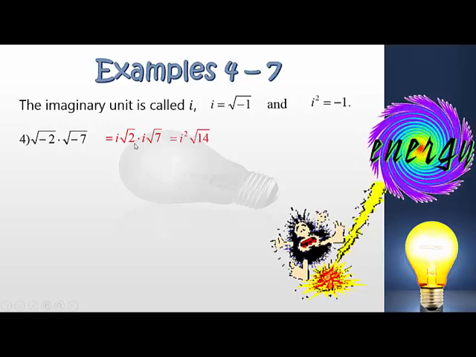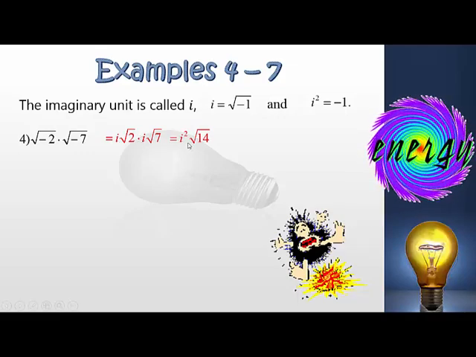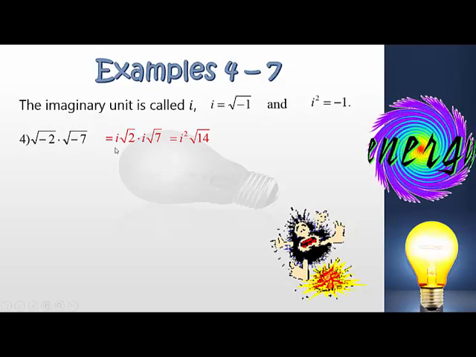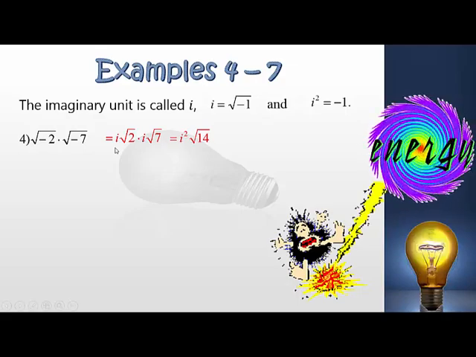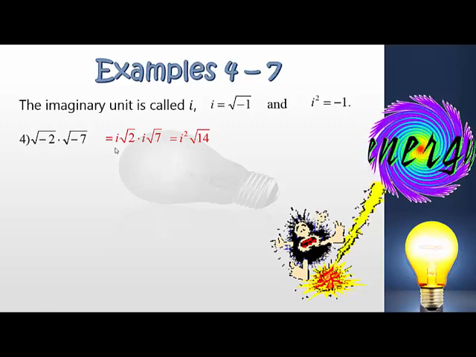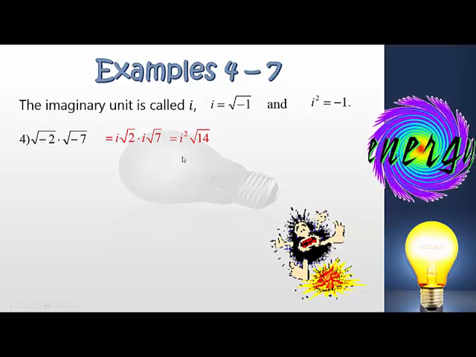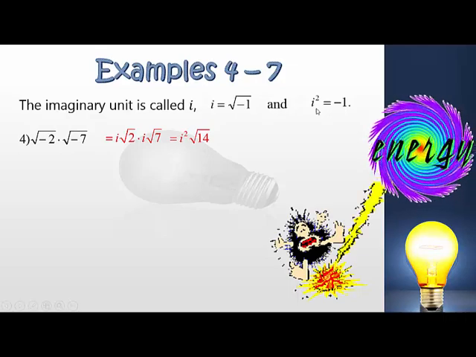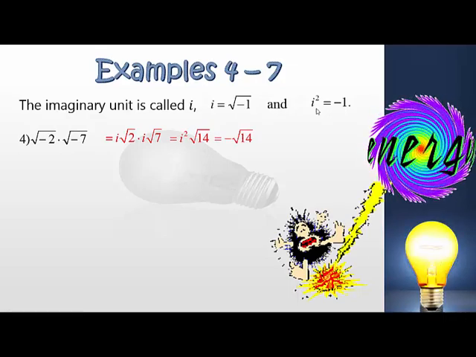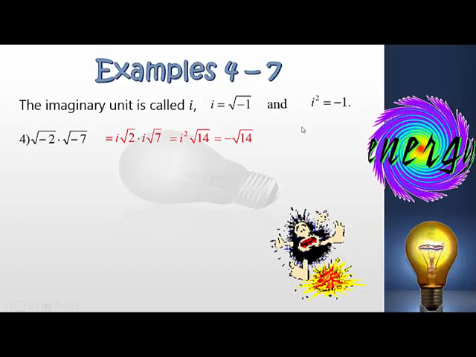Now, it turns out i times i is i squared, and then we have the square root of 14, because 2 times 7 is 14, and there's no way of really simplifying the 14 any further, but we must simplify the i squared, and we know that i squared is equal to negative 1. So the answer is negative square root of 14.